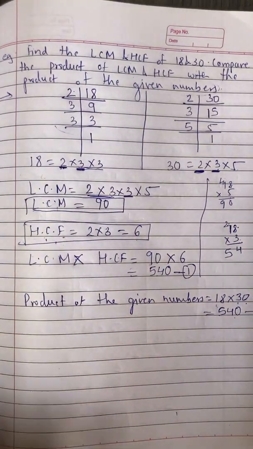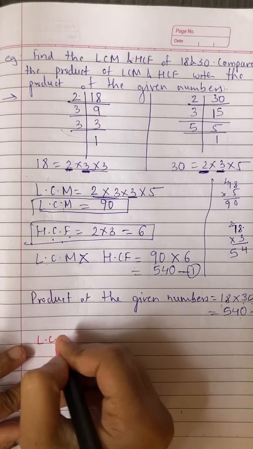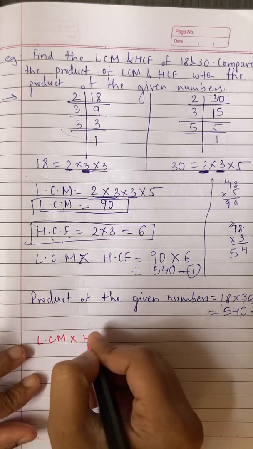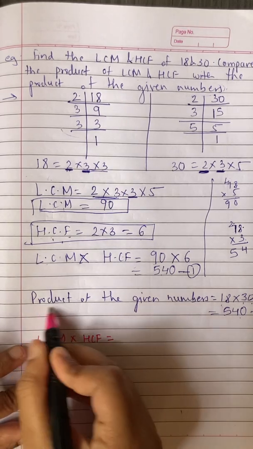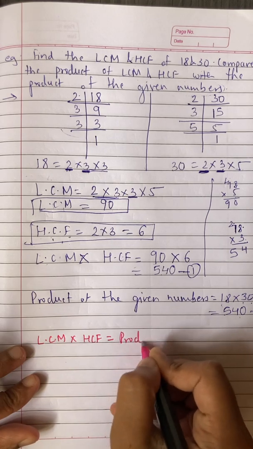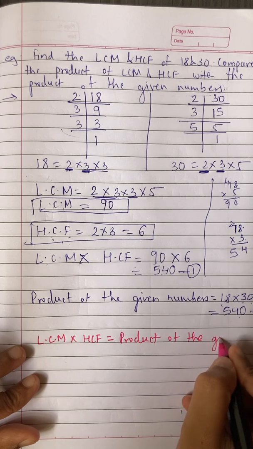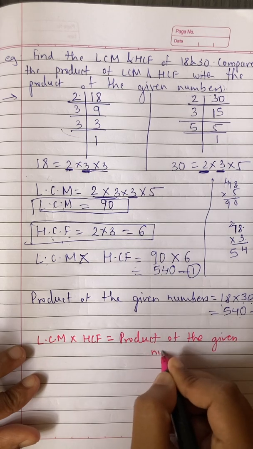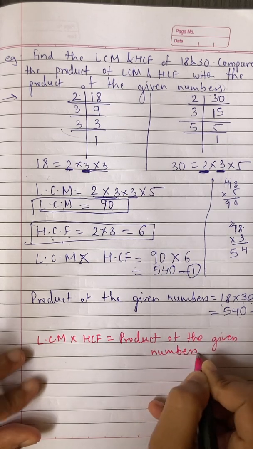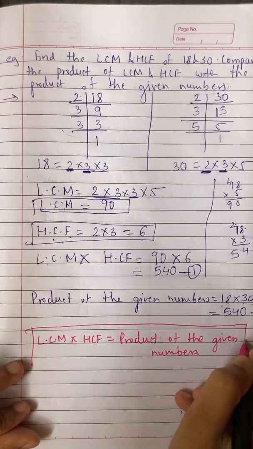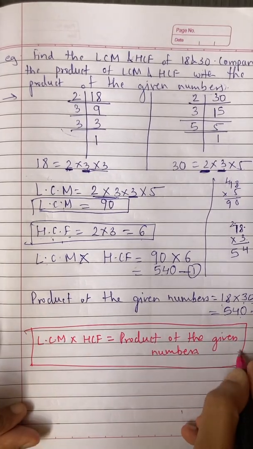From equation 1 and 2 we will get LCM into HCF is equal to product of the given numbers, and this formula will work for any numbers.